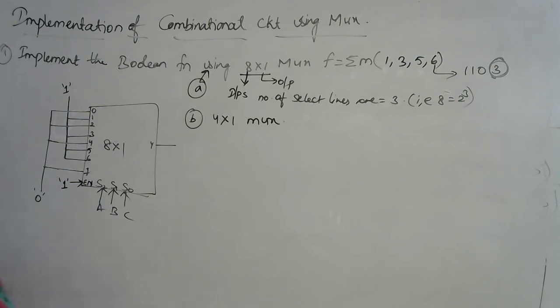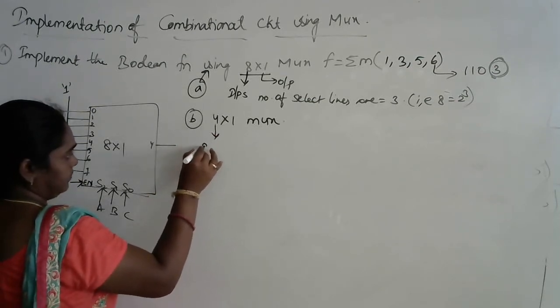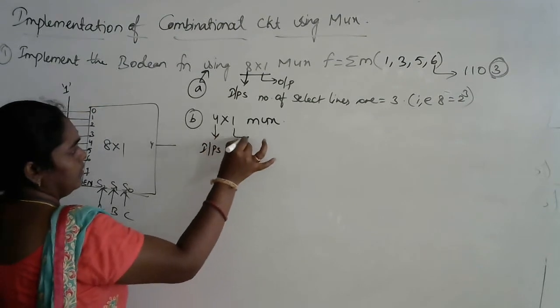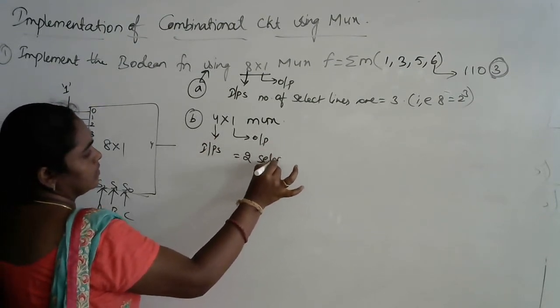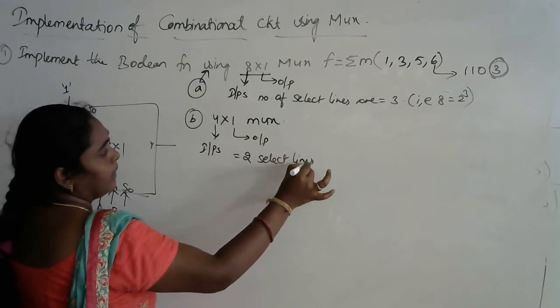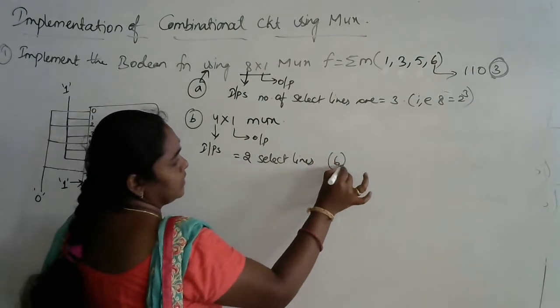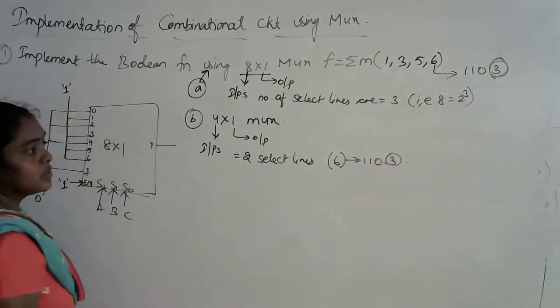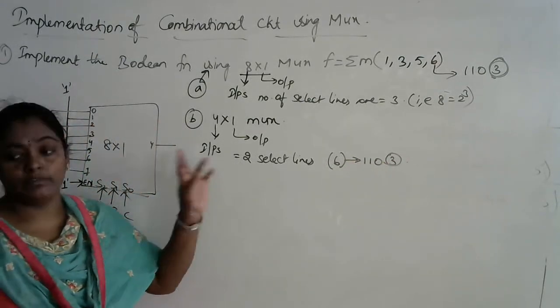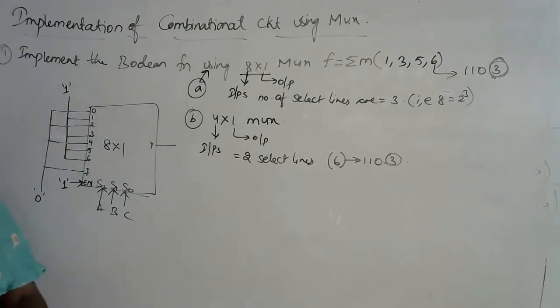In case of a 4 by 1 multiplexer, there are 4 inputs, 1 output, 2 select lines. The maximum value is 6, which is 110, of 3 bits. So for 3 bits I need 3 select lines, but as I have only 2 select lines, I need to take 1 select line as the input.